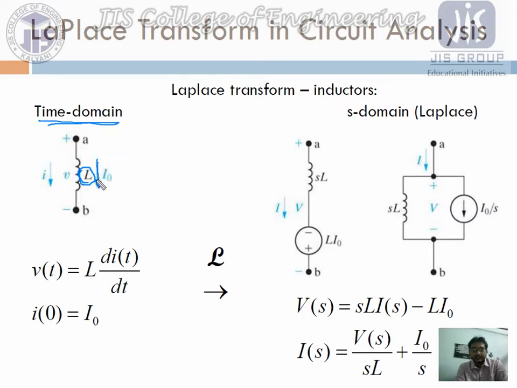I0 is the current at initial condition. So initially there is I0 amount of current.